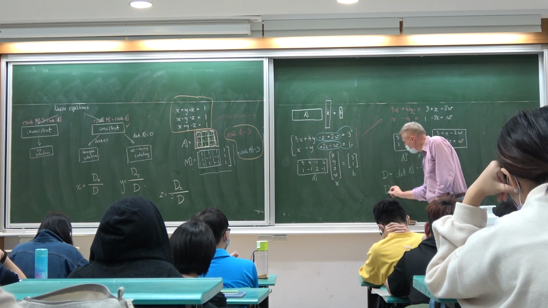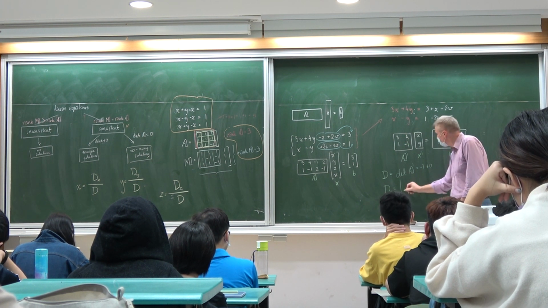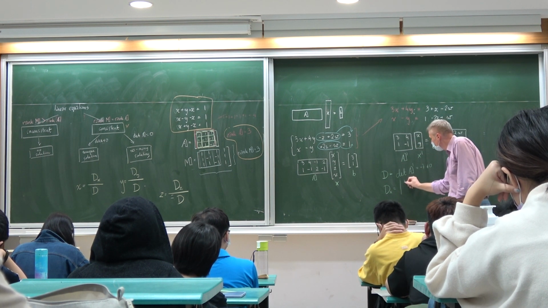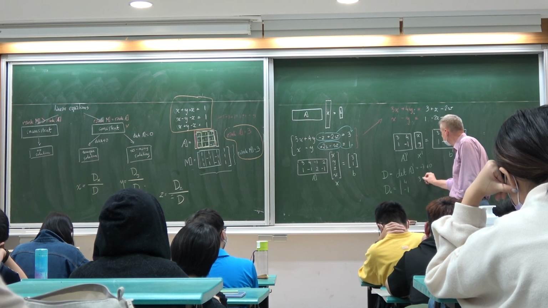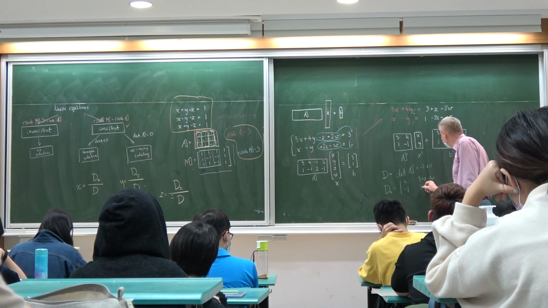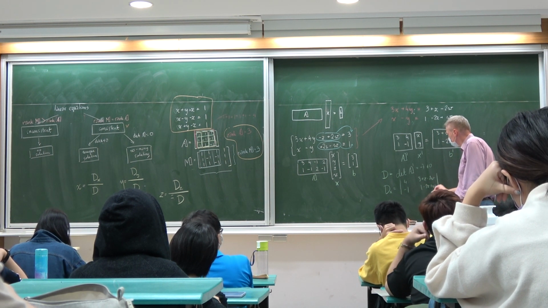Then we calculate dx, and our dx is the determinant of the matrix. We remove 3 and 1. We are left with 4, minus 1, and the other side is 3 plus z minus 2w, 1 minus 2z plus w.